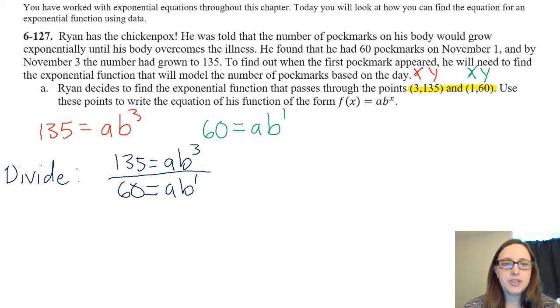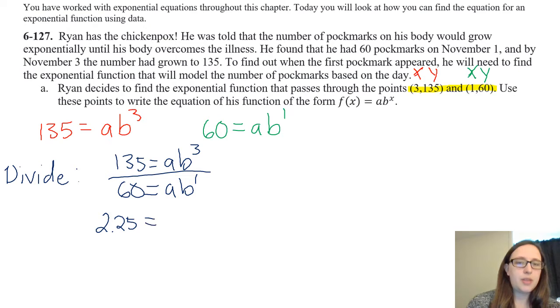And then we want to divide those. 135 divided by 60 is 2.25. A divided by A is 1, or cancels out. B^3 divided by B^1 would be B^2. Remember, you have to subtract the exponents when you divide.